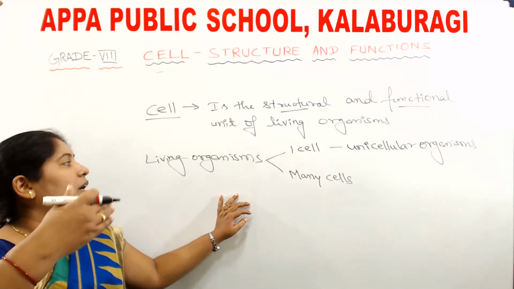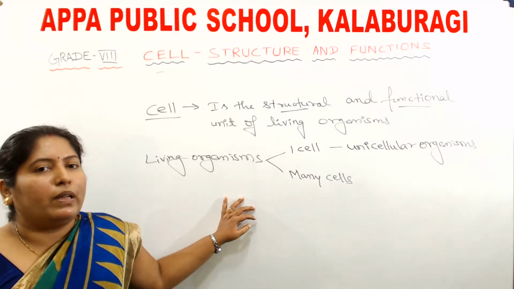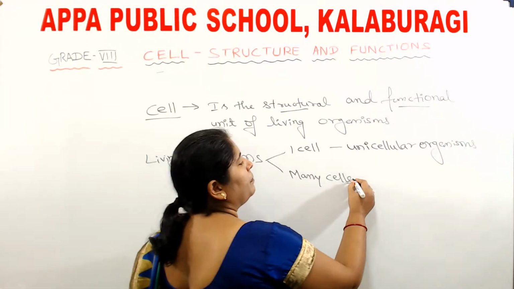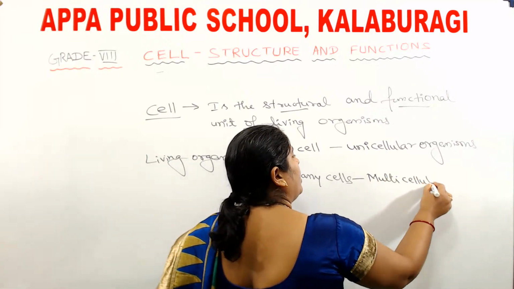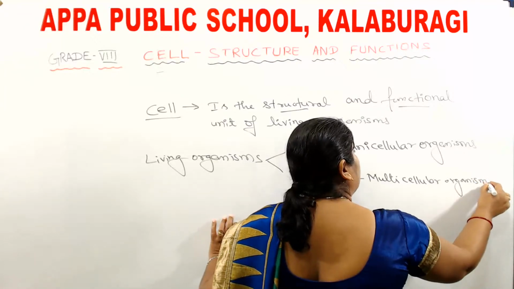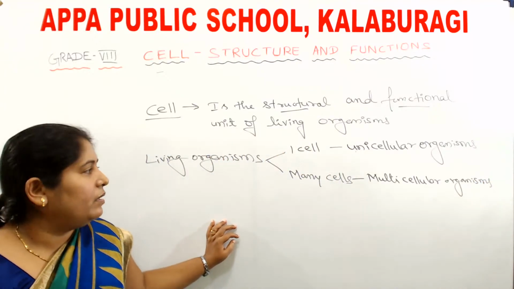If the living organisms are made up of more than one cell, maybe millions of cells are there, then we are calling them as multicellular organisms, right?